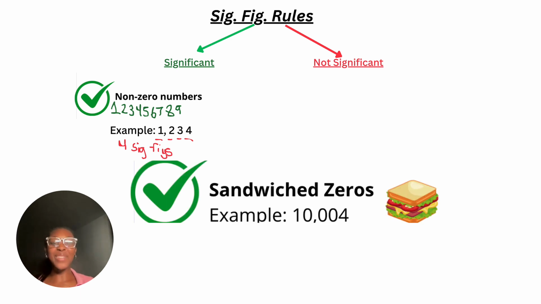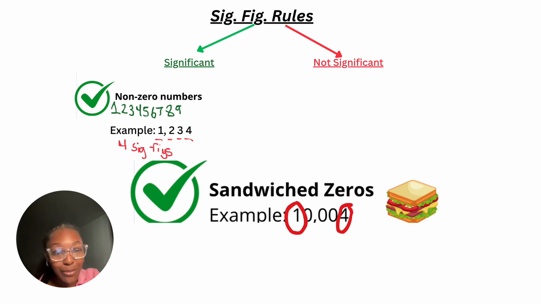So let's dive into the next one, and the next one is going to be our sandwiched zeros. If you think about a sandwich, you have the top piece of your bread, the bottom piece of your bread, and everything in the middle is sandwiched between those two. So think of your sandwiched zeros as being everything in between two non-zero digits. So our first non-zero digit is our 1, and our second non-zero digit is the 4.